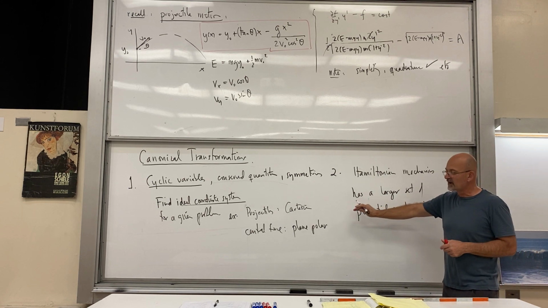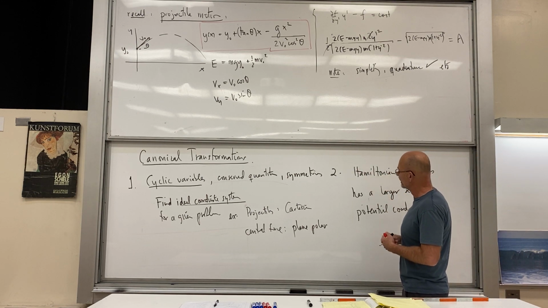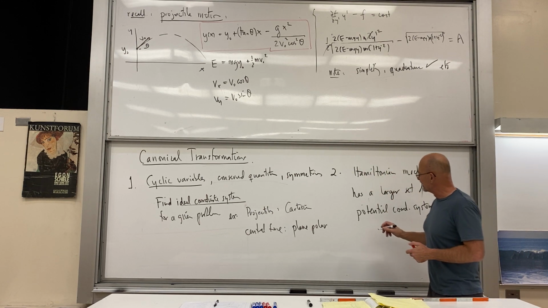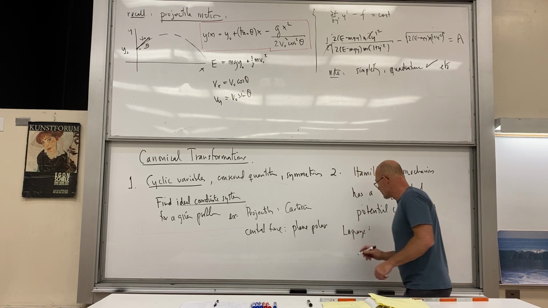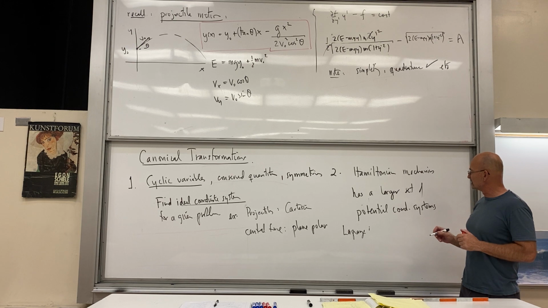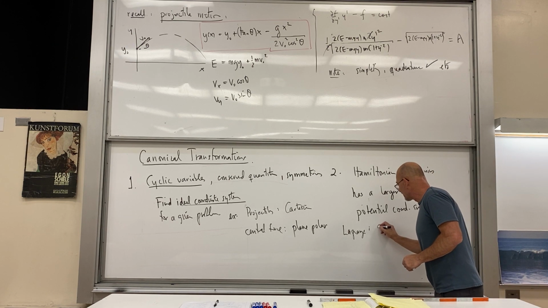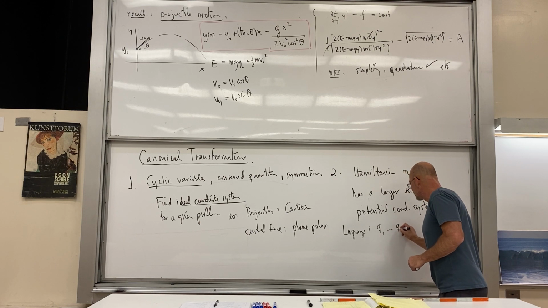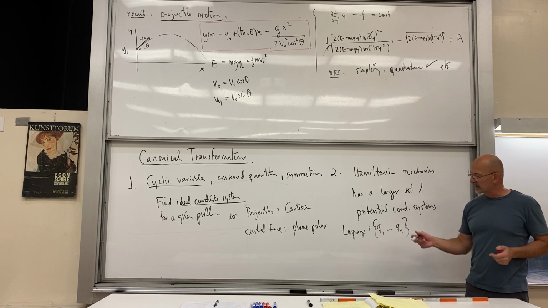And as we go through the theory, we'll see just how much larger the set of coordinate systems is. Because in Lagrange, you have what are called the point transformations, and you have Q1 to Qn for n degrees of freedom.